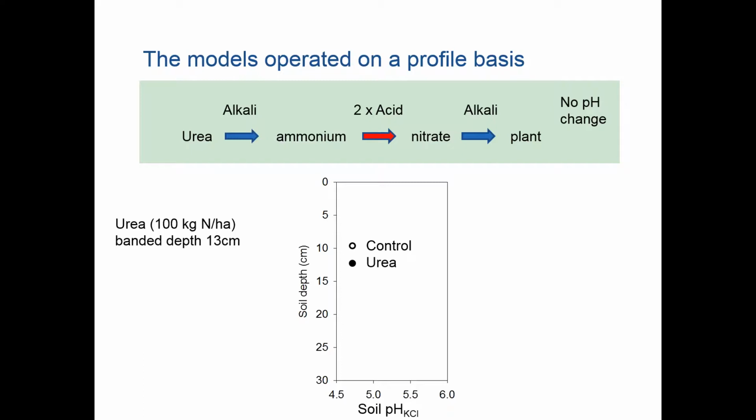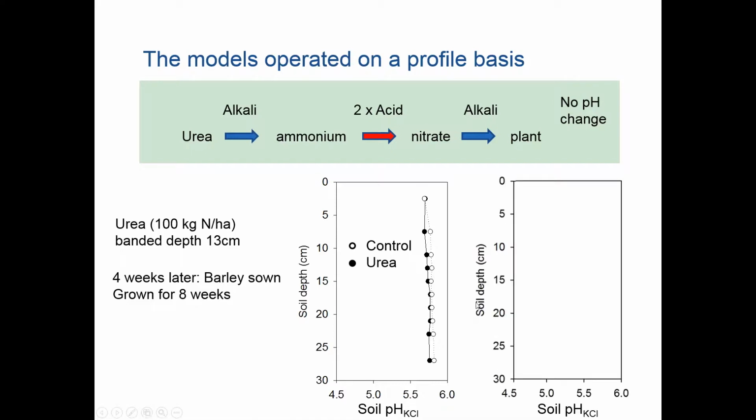Initially the soil pH wasn't acid, and it was the same all the way through. We let that urea sit in the soil for 4 weeks. Then we sowed barley into it, and we grew that barley for 8 weeks. Then we came back and sampled the soil. So here we have our pot with pH. And this was the story after 8 weeks of growth.